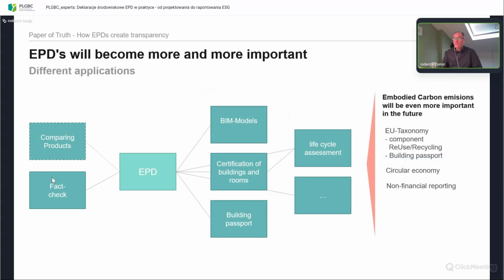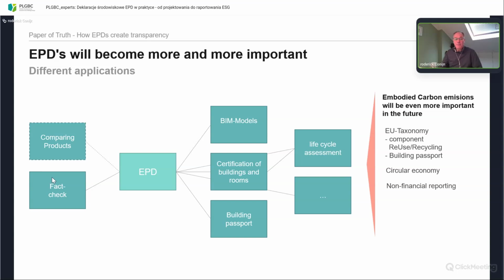So for you, as designers, architects, end users, an EPD can be used for product comparison, but also as a fact check. What we are telling as a company, what our carbon footprint is or the impact of our product, is proven via an EPD, because it's a third-party verified declaration.